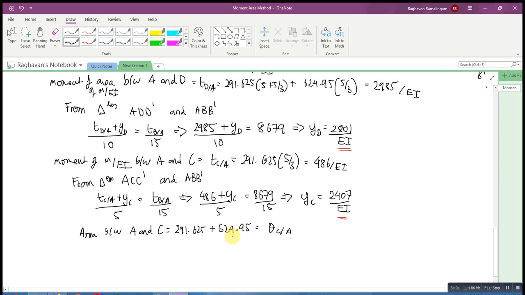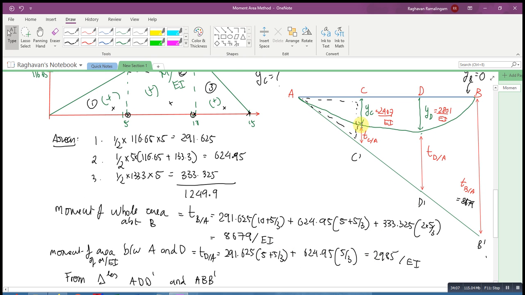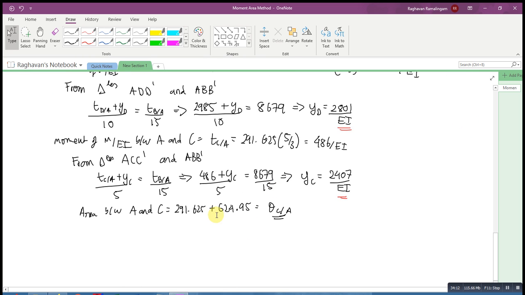Okay, and this is the problem. We can see that the slope below C will be quite less, but it's not going to be zero. So unless we know that either theta C or theta A is zero, we cannot find out the other.